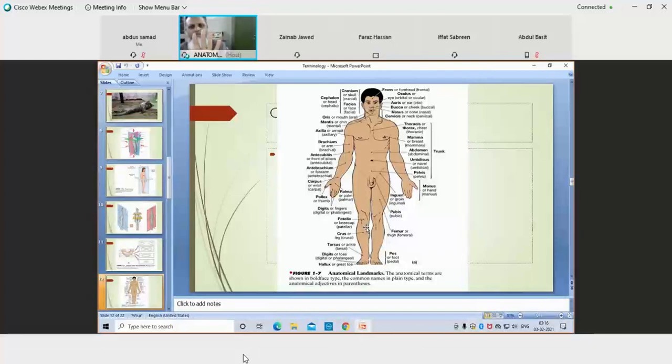With respect to this, my little finger will be lateral, and my ring finger will be medial. Now if I change the reference, if the reference becomes my index finger, then the middle finger will be medial and the ring finger will be lateral.